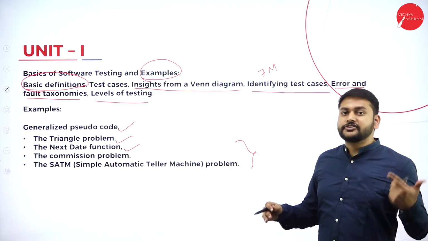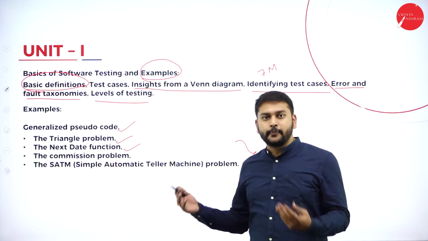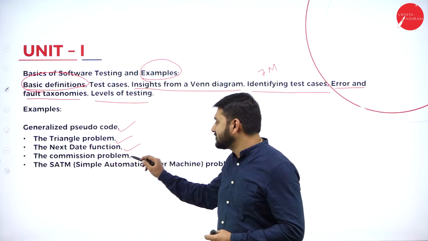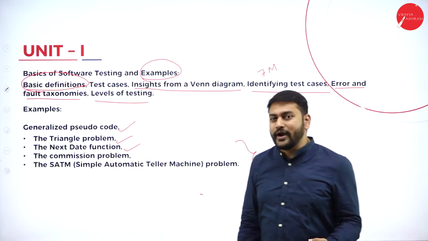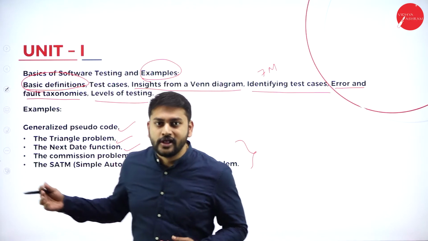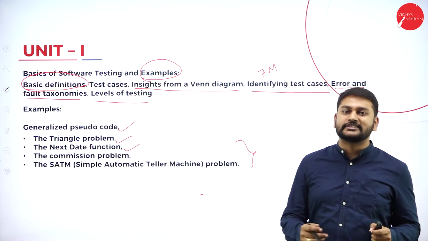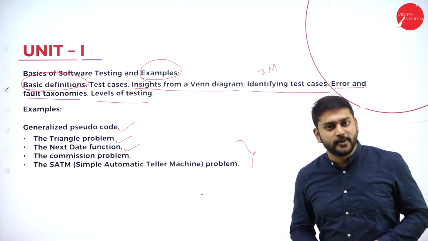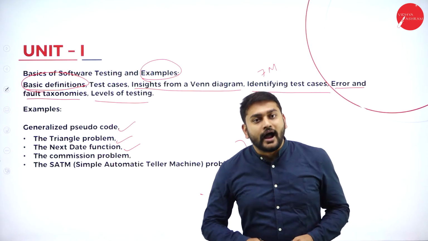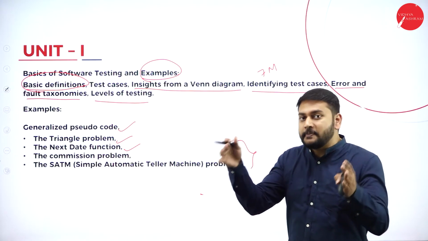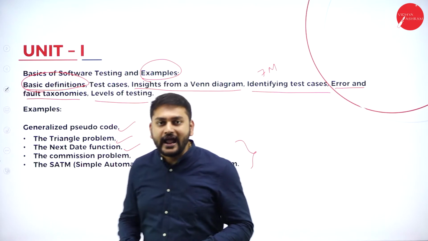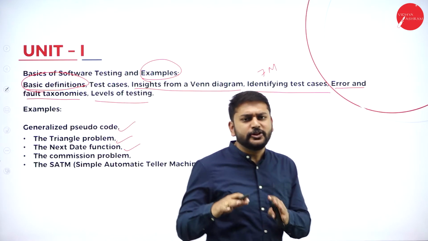So fine. After the triangle problem, the most important thing that we will be discussing is the commission problem. What exactly is the commission problem all about? What are the different items that I will be using in the commission problem is what we discussed in the session on the commission problem. So hope you will be able to understand and replicate that as it is. All right. I think it's pretty simple for all of you.